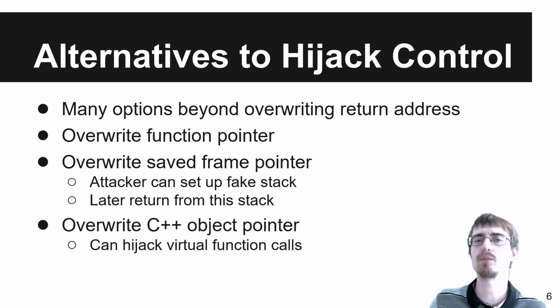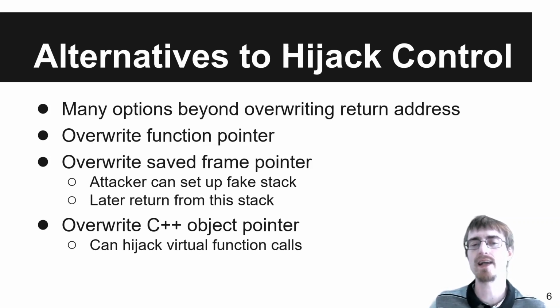Another option in C++ is to overwrite an object pointer. So C++ objects allow you to make virtual functions. So deep down, virtual functions are implemented by putting a pointer to a table of virtual functions at the start of the object. We will go into more detail later. For this case, however, it suffices to explain that simply this pointer points to a table of virtual functions.